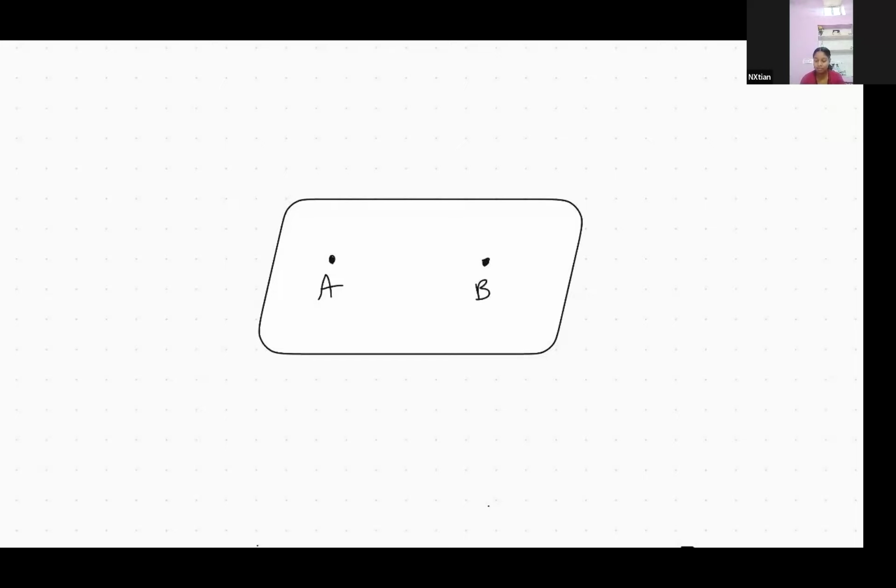2 points I'm having on my plane. So now how many lines can be passed through both of them on the plane? Only one line. Okay. Only one line can be passed through both of my points.